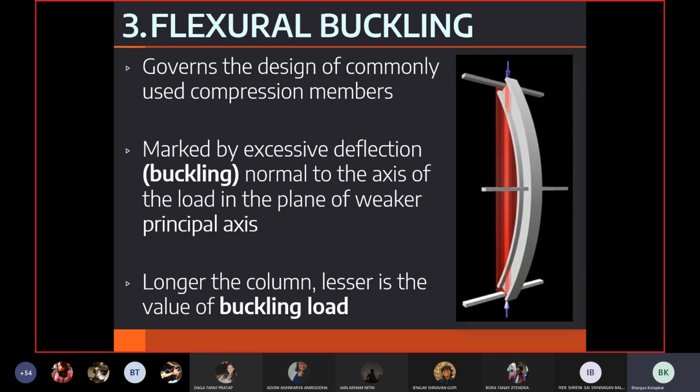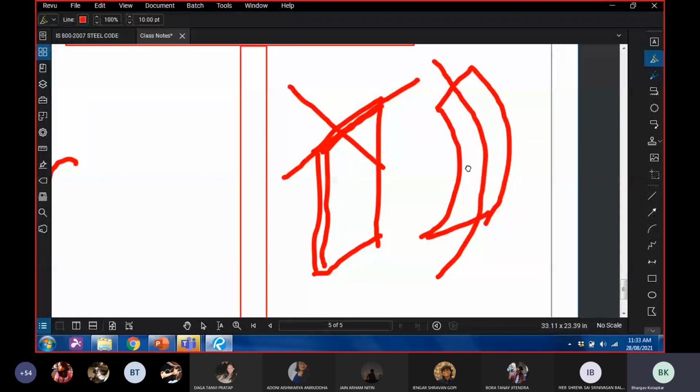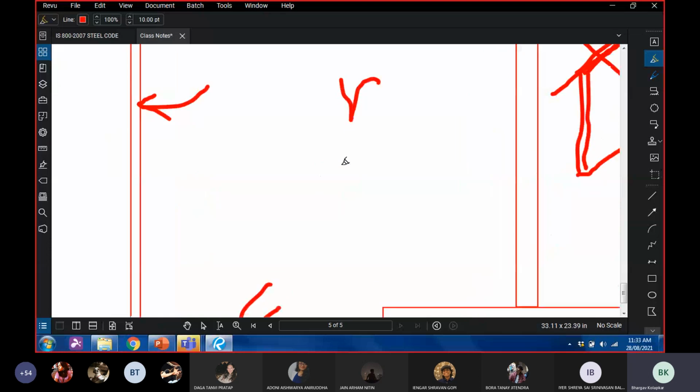Okay. So now talking about the difference between squashing and buckling. Squashing occurs by deflection in the direction of force. So what do I mean by that?